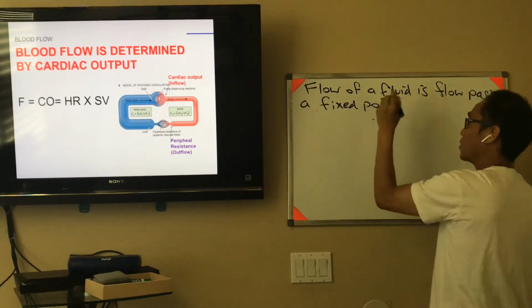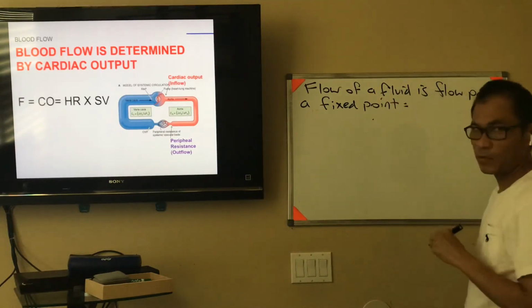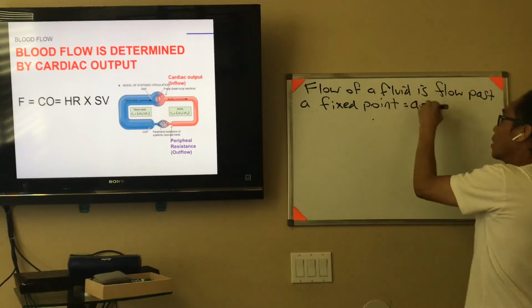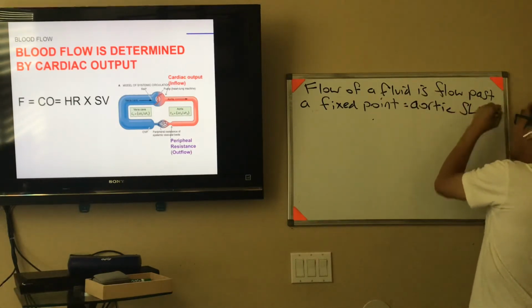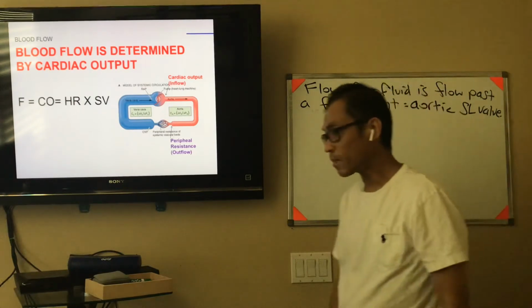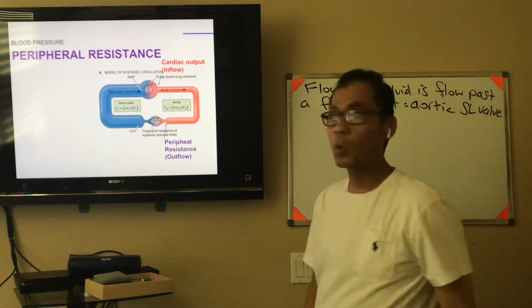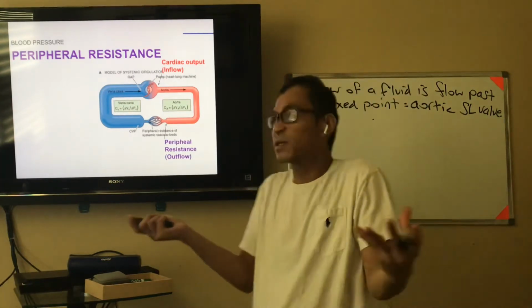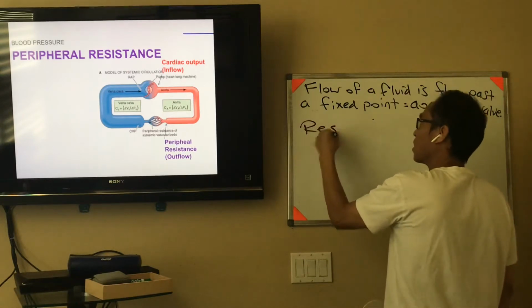So if cardiac output is our reference point, our fixed point is the aortic semilunar valve. That's flow. That's our inflow. Our outflow is peripheral resistance, or just resistance. You can call it a peripheral resistance or just resistance.